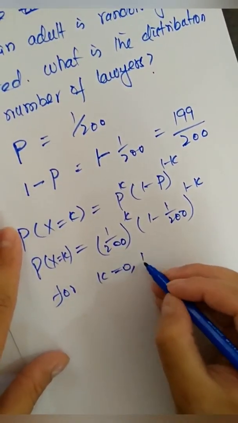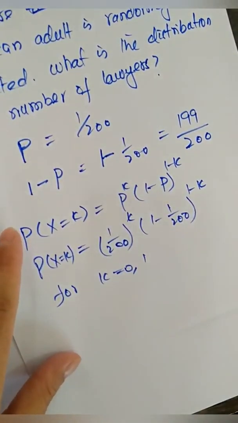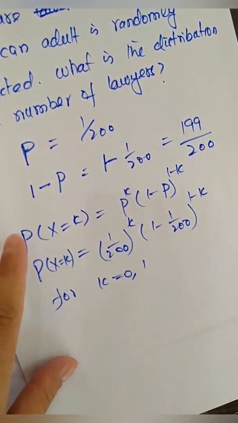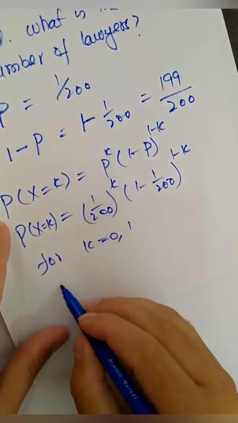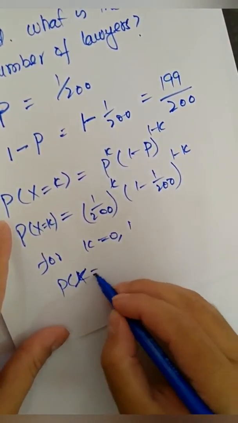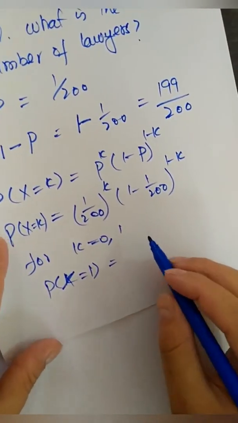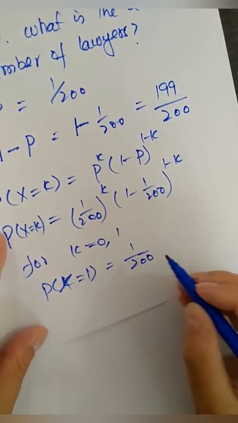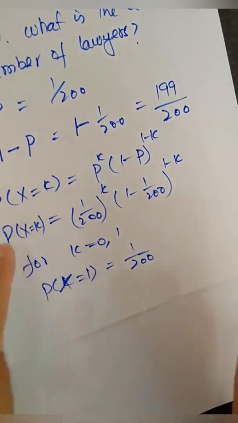For k is equal to 0 or 1, when k is equal to 1, x is equal to 1, we will get the probability of success, that is 1 over 200.